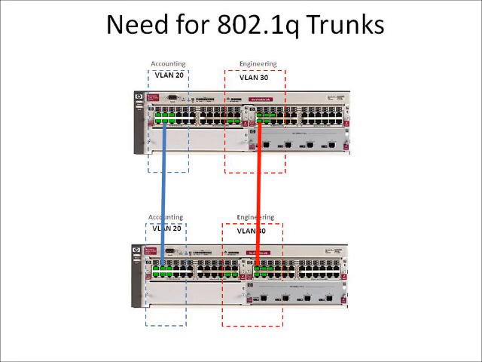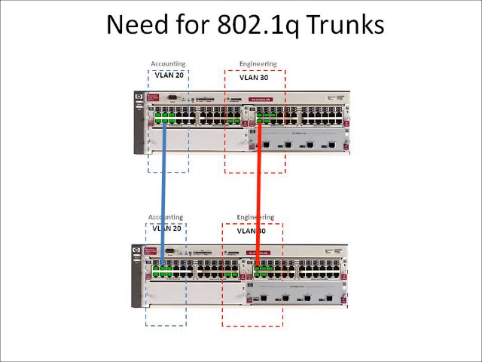But potentially there's not that much bandwidth going between those two switches on those two VLANs to need two different Ethernet cables connecting them together. And so what came out was the idea of what's called trunking.